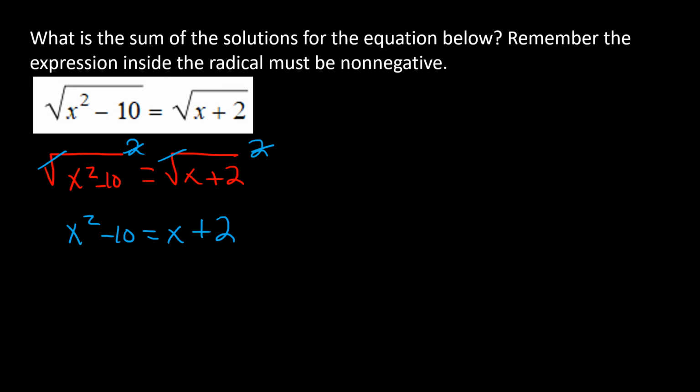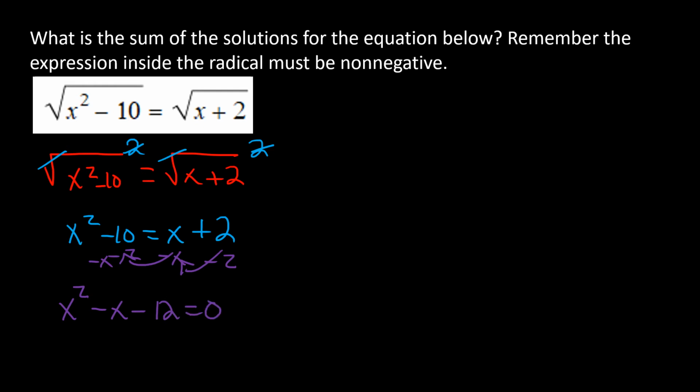Well, we want to move everything to one side. So I'm going to go ahead and kick this x over here and this 2. What we're really doing is we're subtracting from both sides. So what happens here is we get x squared. When we subtract x from both sides, we get minus x. And when we subtract 2 from both sides, we get minus 12 equals 0.